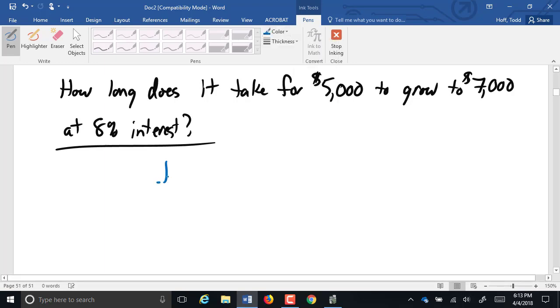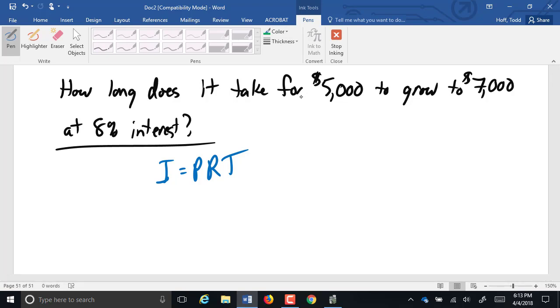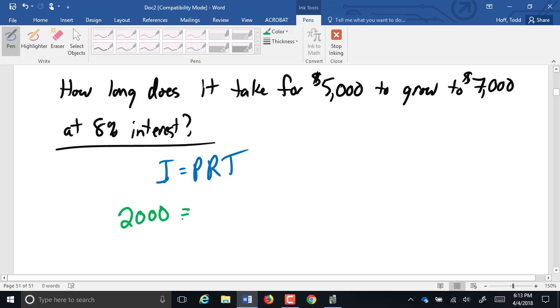So again, I equals PRT. What is I here? And it's not as simple as it looks. I is going to be 2,000. Where do I get 2,000 from? I had to subtract. We grow from 5,000 to 7,000.